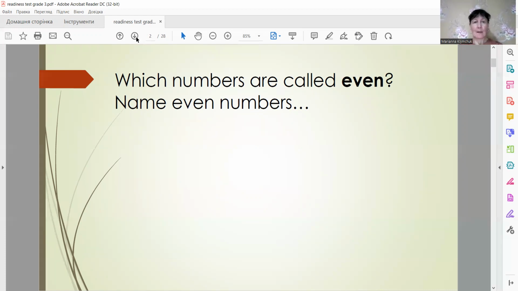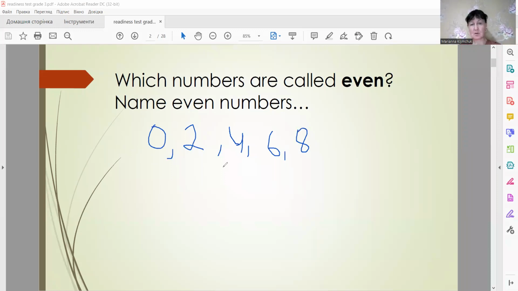So, altogether, we reviewed that even numbers are 0, 2, 4, 6, and 8. And all the other numbers that finish with the digit 0, 2, 4, 6, 8.